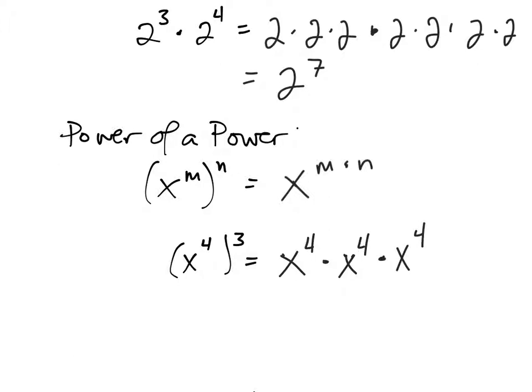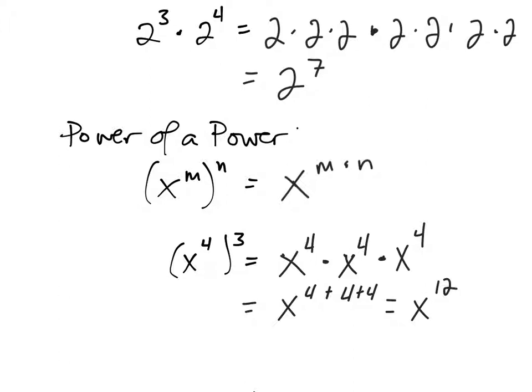And according to my last property, when I multiply with powers, what happens with my exponents? They get added, right? So according to my last property, I'm going to take 4 and add it to 4 and then add it to 4, which is going to give me x to the 4 plus 4 plus 4 power.